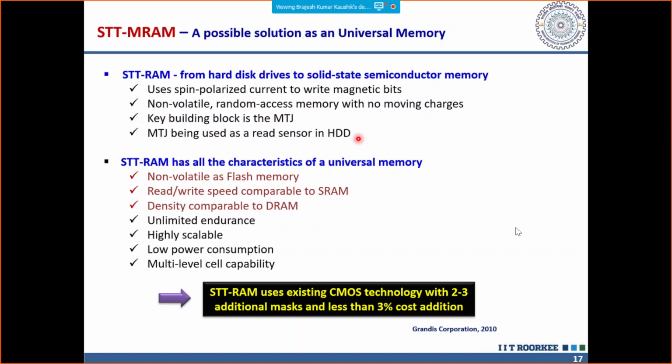Using a single transistor, we have showcased that we can store 4 bits of information, right? This was recently accepted, and it uses a mechanism of both STT and SOT for increasing the storage capacity. And the overall power reduction is also quite reasonable using this kind of multi-level cell capability.